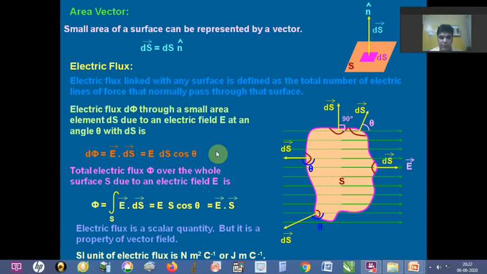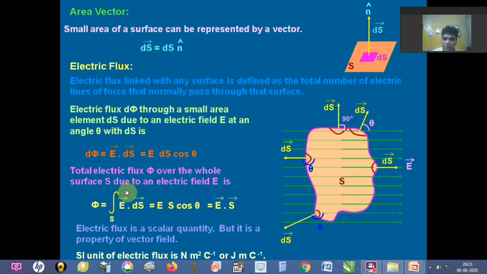Electrical flux is basically d phi through a small element ds due to electrical field E at any angle theta with small ds. So this is the small flux d phi equals E vector dot ds vector. If the electric field is along this direction and ds is the area vector, what will be the total flux?